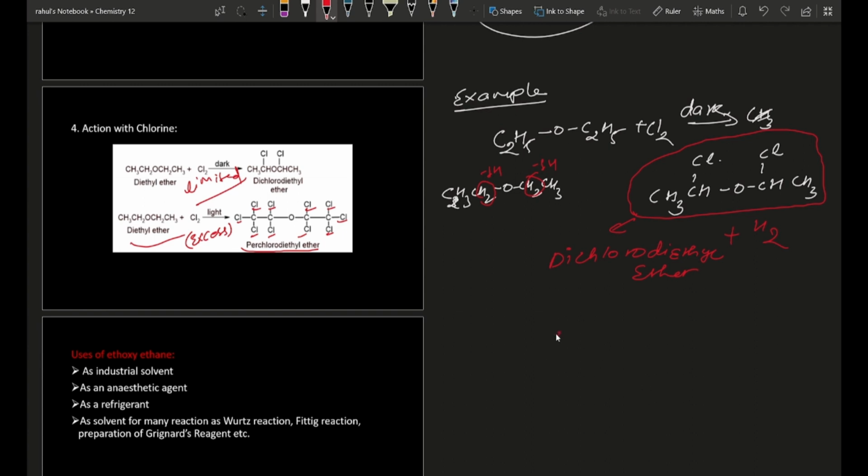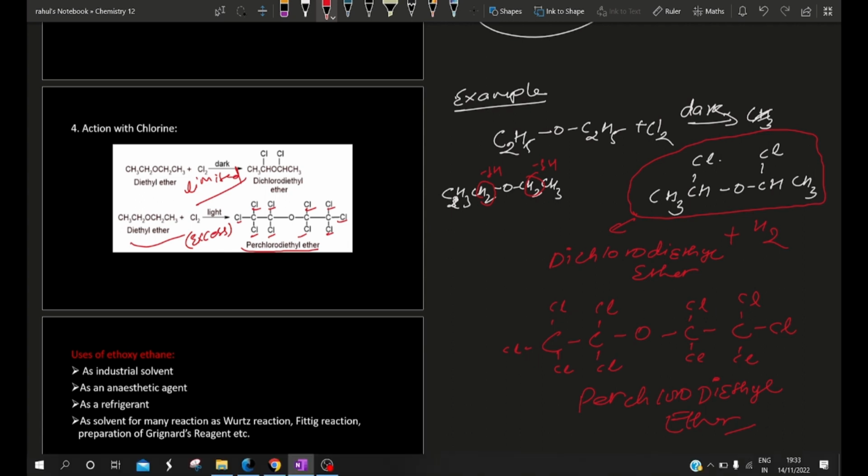So C C O C and C, so it will be Cl Cl Cl Cl Cl, again the same on this side Cl, so it is called perchlorodiethyl ether. So this is the action with chlorine.